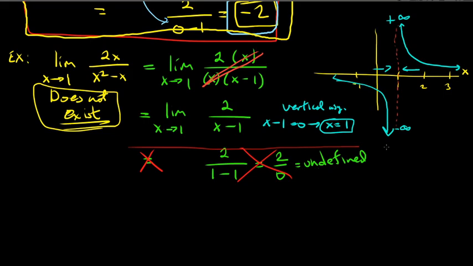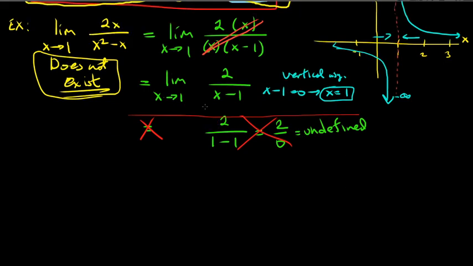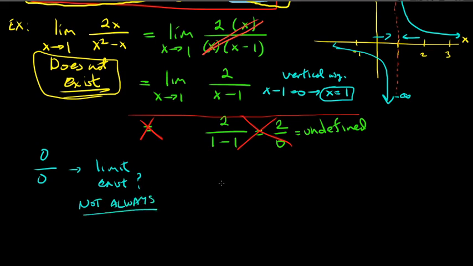On the other hand, the shortcut of it is this. When you see 0 divided by 0, chances are that the limit will exist. We can't say always, so not always, but it's a good indication that you will get an actual number for a limit.